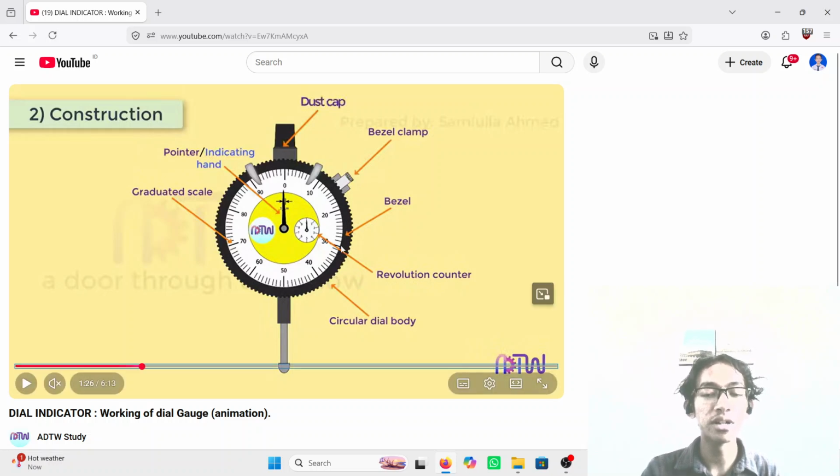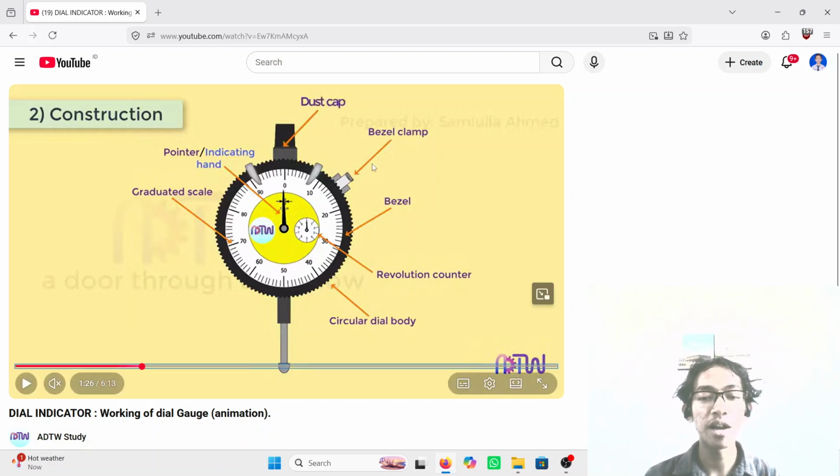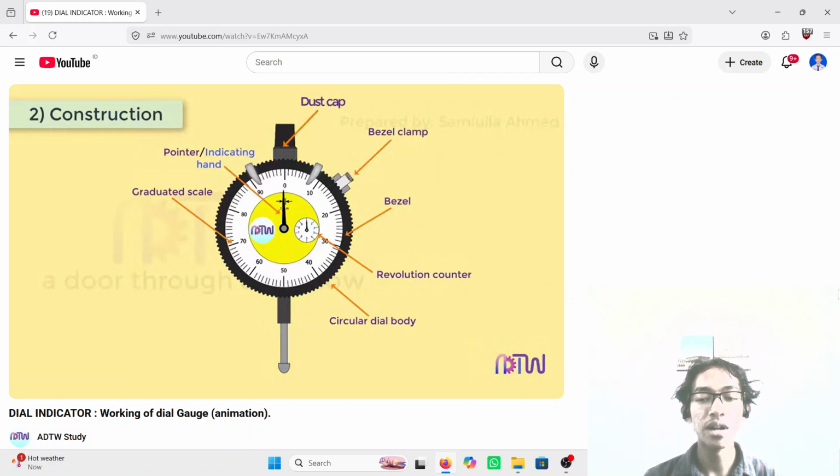It allows the operator to rotate it to align the zero mark with the pointer before starting the measurement. There is also the bezel clamp. This is a small screw or knob used to lock the bezel in place once it's zeroed.